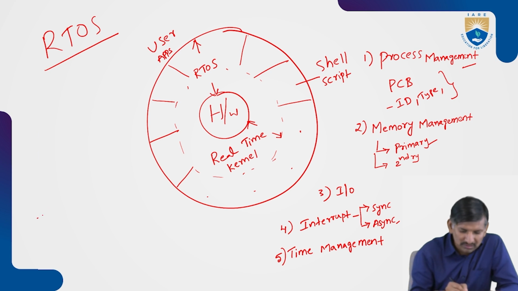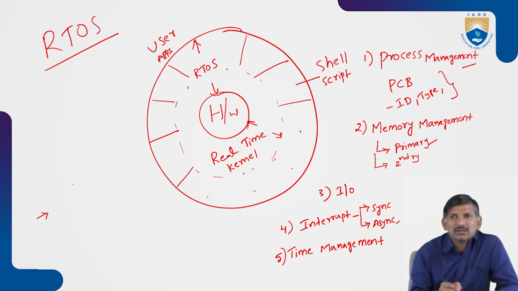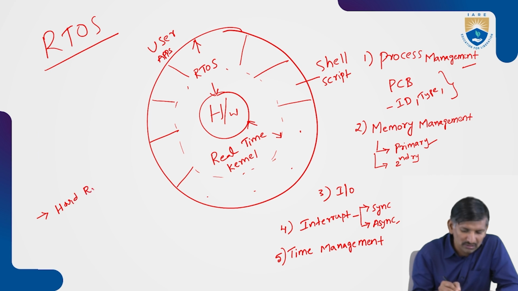Next, this is of two types: hard real-time embedded system and soft real-time embedded system.